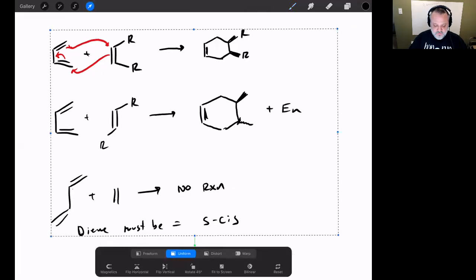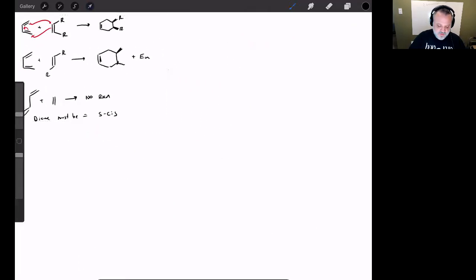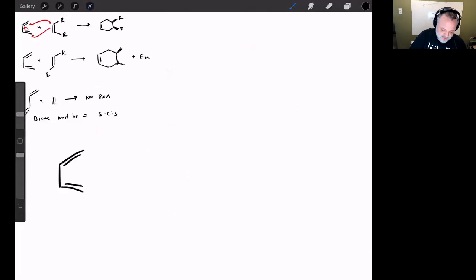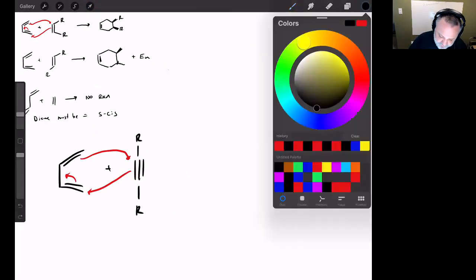Now, you can do Diels Alder reactions with alkynes as well as alkenes. There is a slightly different result. The mechanism is still the same, but notice I have a total of 3 bonds, 2 pi bonds there.